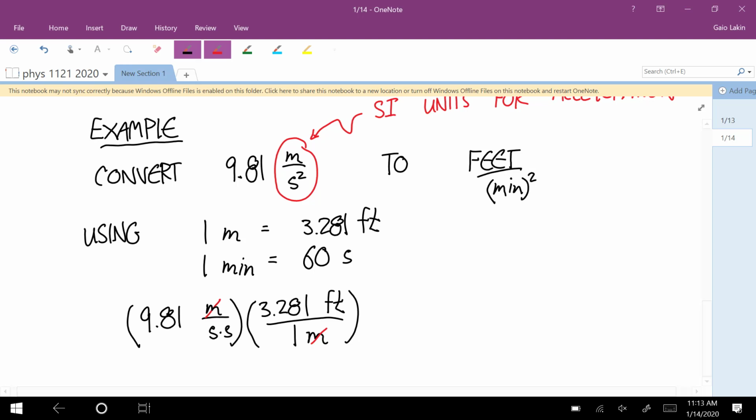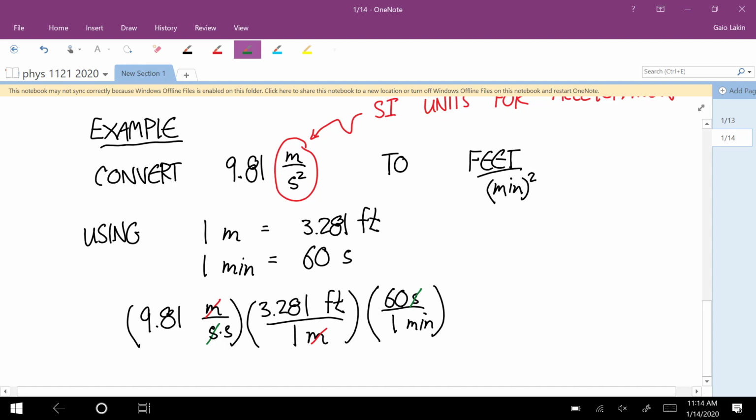Okay. So now we need to cancel these seconds. And we have it twice, so we have to do it twice. Our seconds are both in the denominator. So we want to have our conversion factor seconds in the numerator. So we'll multiply by 60 seconds over 1 minute. And that cancels one of these seconds.